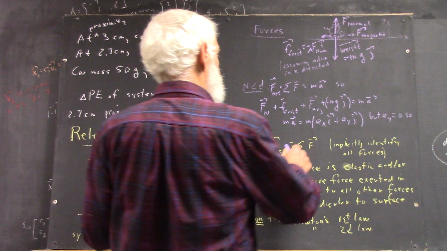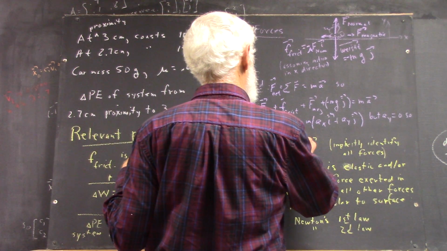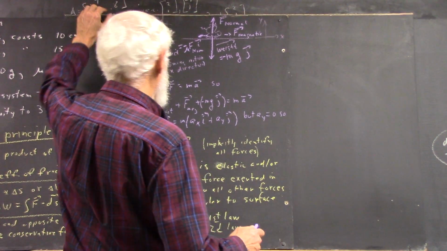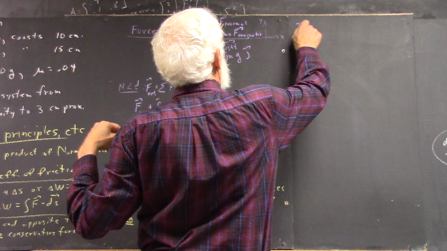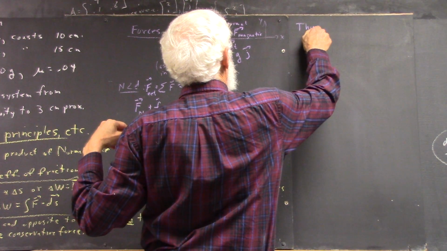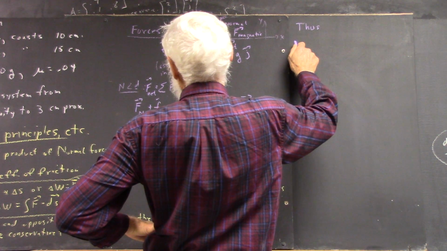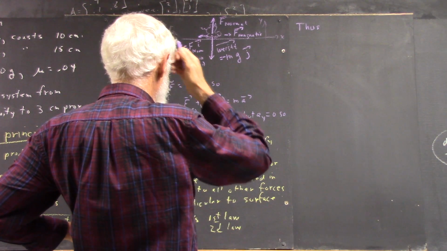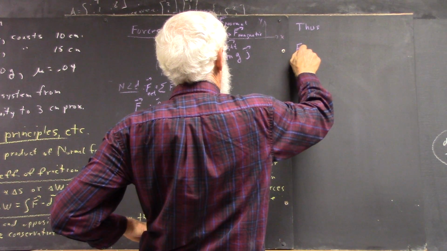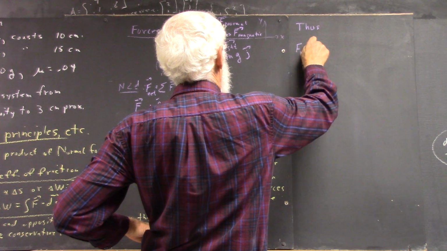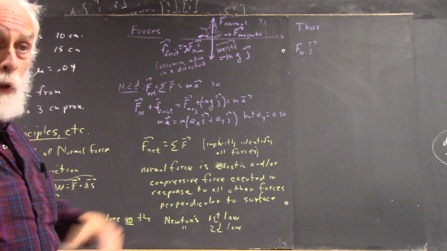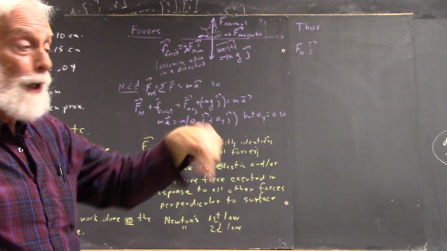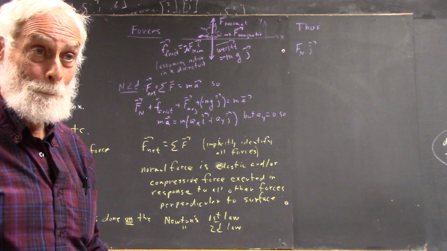Okay, so, well, we don't have room to write the rest of it here, so we'll do this. Thus, Fnj, yj, because the force is perpendicular to the surface, not because the weight is acting down, right?